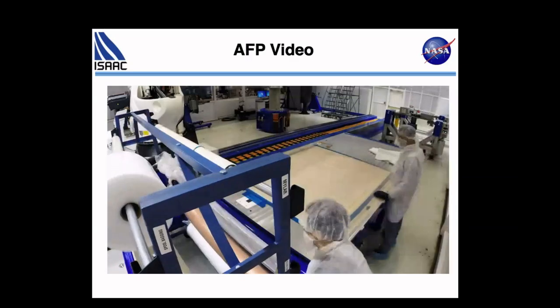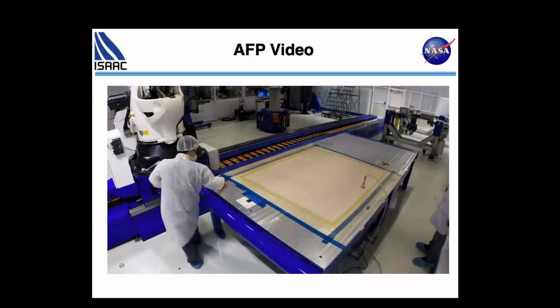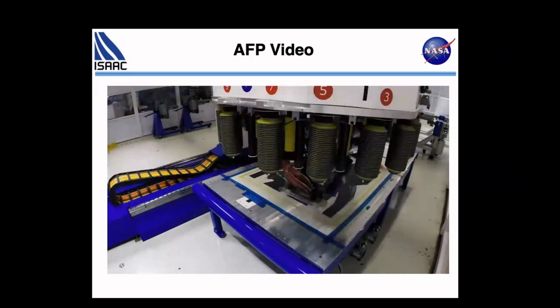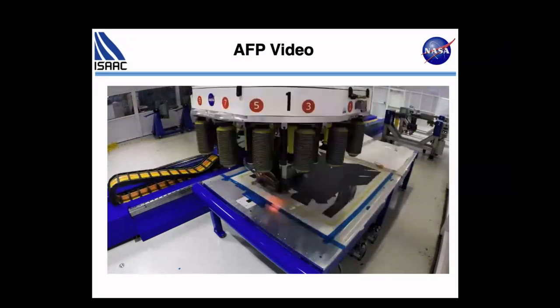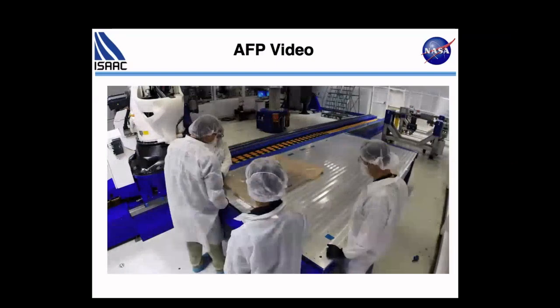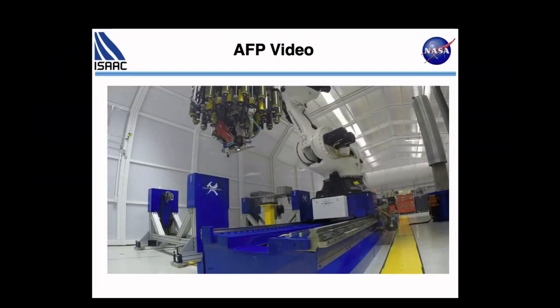And the wider your tow, the worse it gets, which is why we're using a 1/4 inch tow. But industry wants to go to even wider distances, because with that wider swath they can build faster. But then unless you're doing a completely flat surface, you've got more defects. So those are the kinds of things we try to look at.